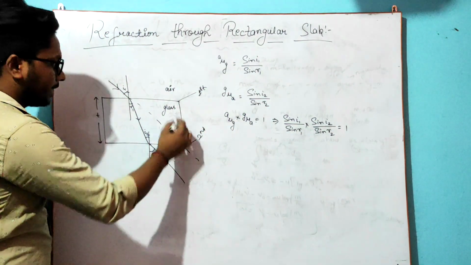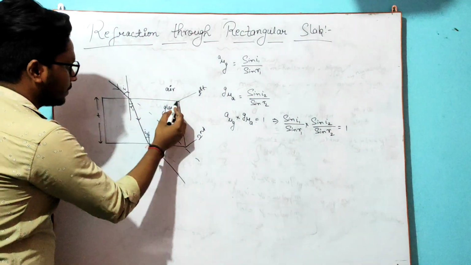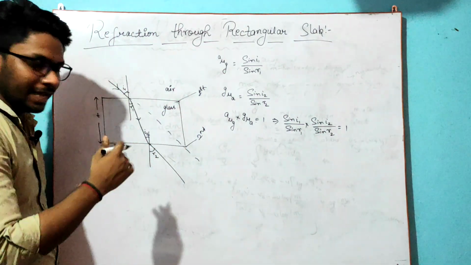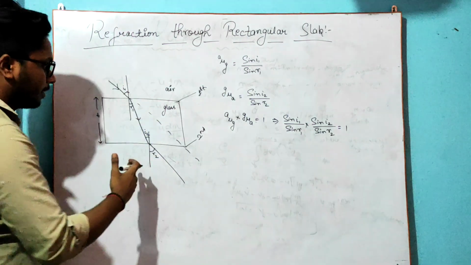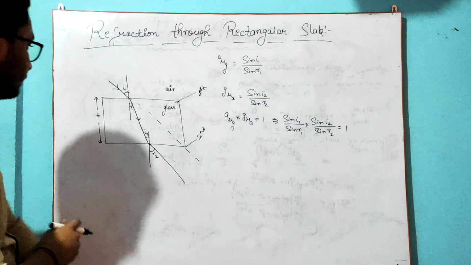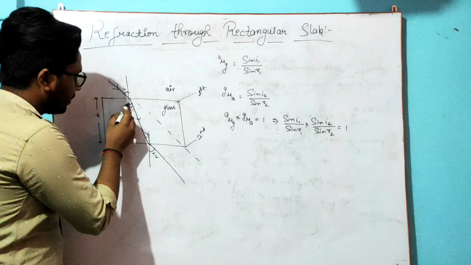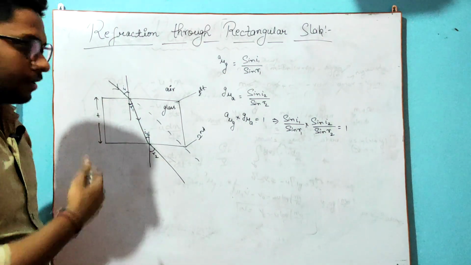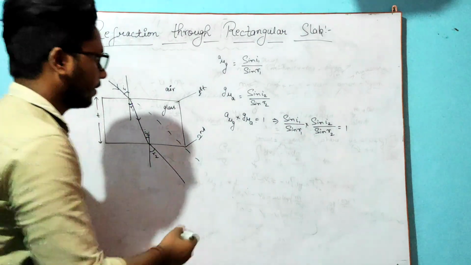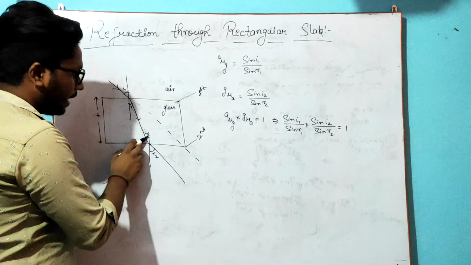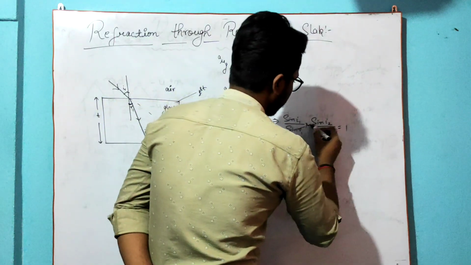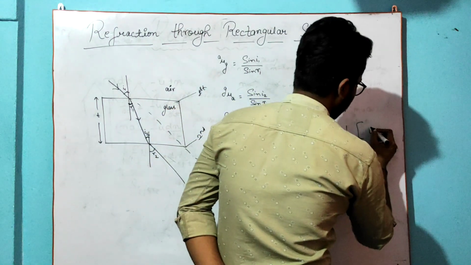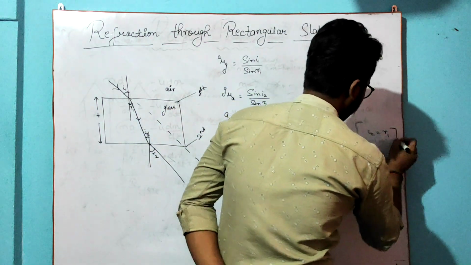Now see, this is a rectangular glass slab. So this interface and this interface are parallel and this acts as a transverse line. So this angle R1 is equal to I2. Why? Alternate angles. So if R1 is equal to I2, then this will cancel out, because I2 is equal to R1.